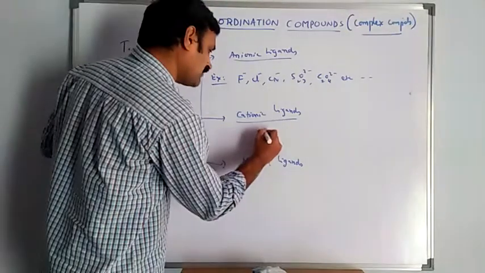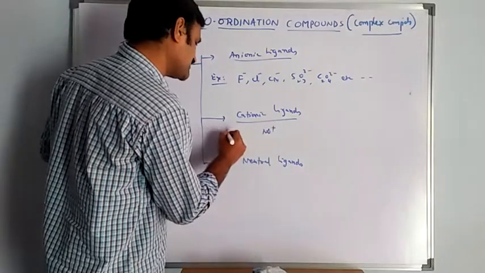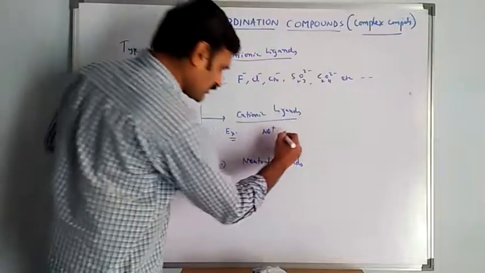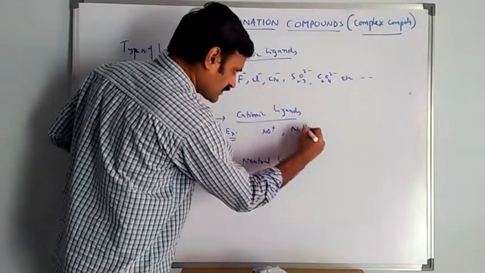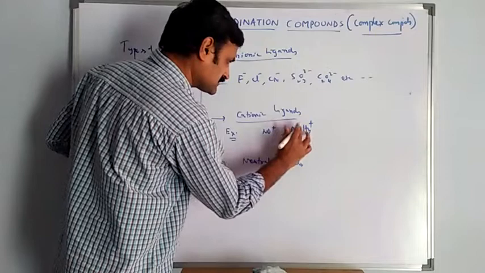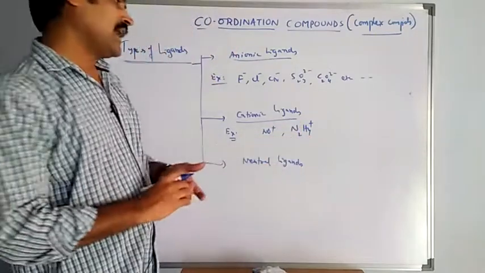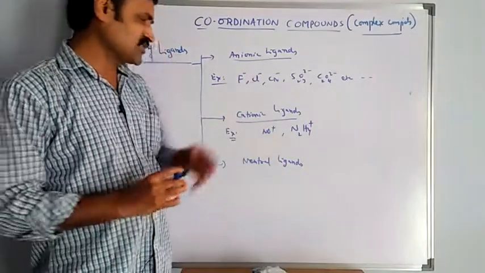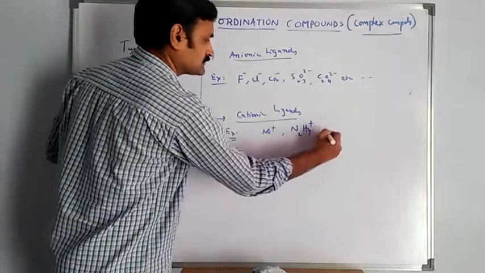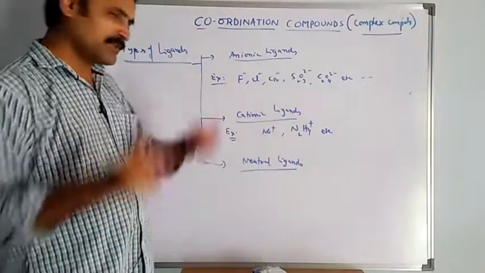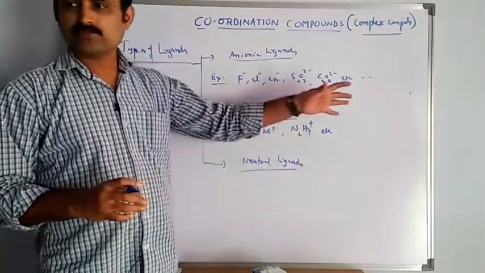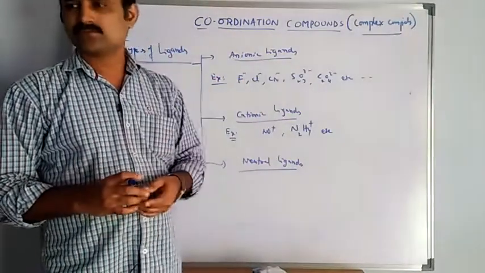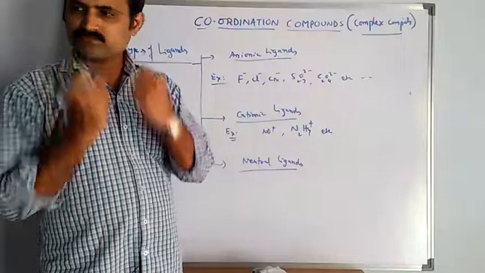In this we have very few examples, like NO plus, and N2H4 plus, hydrazinium ion, nitrosonium ion are examples of this kind, etc. Coming to the neutral ligands, you have frequently observed ammonia and water are the best examples of this kind.